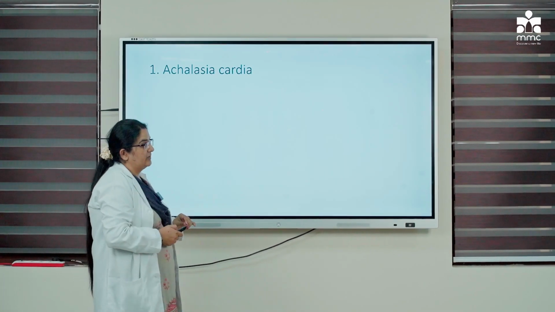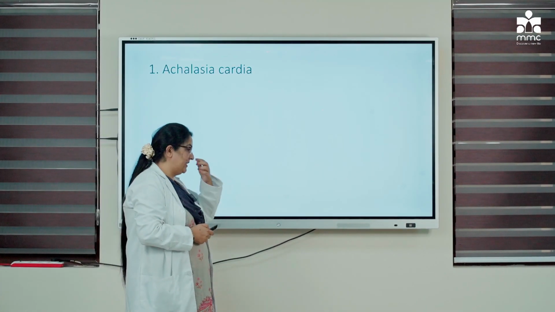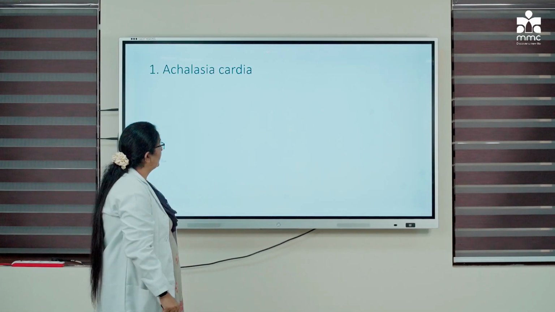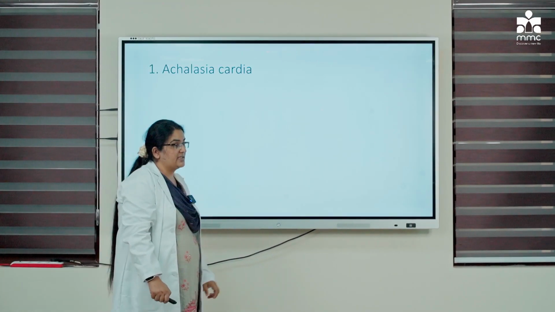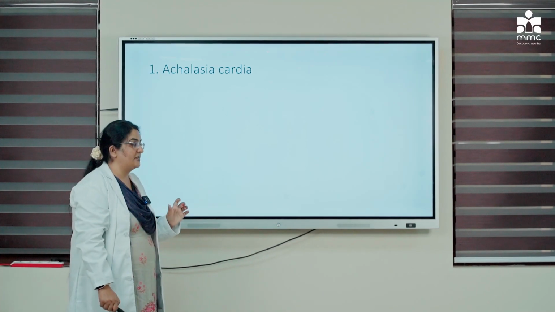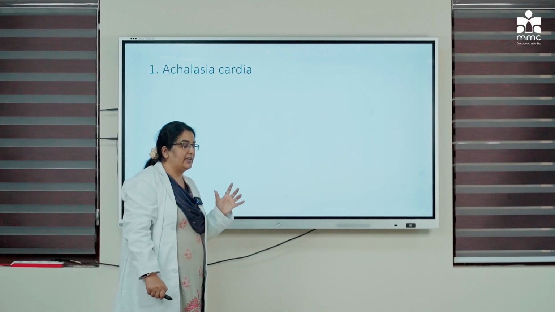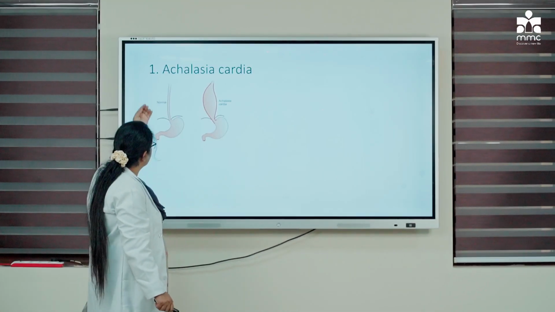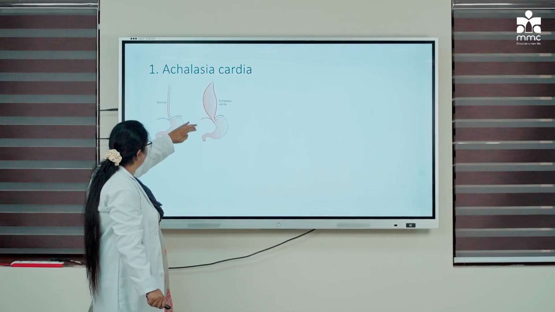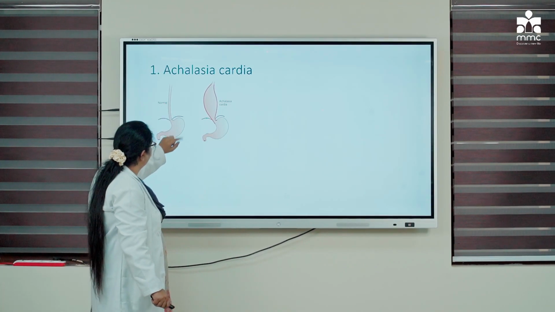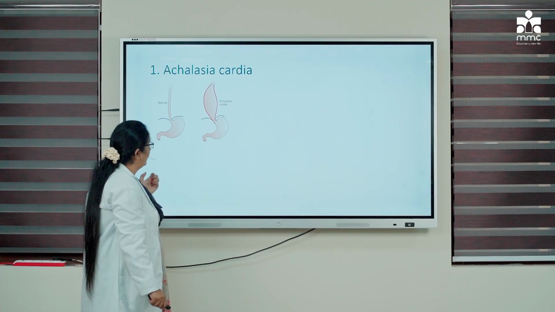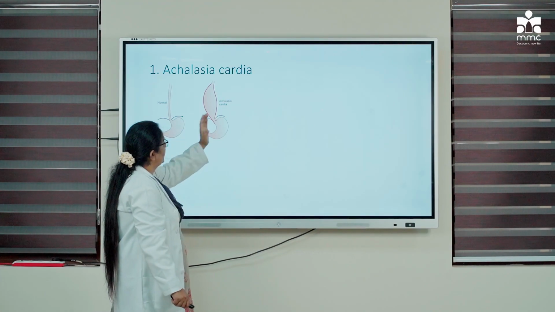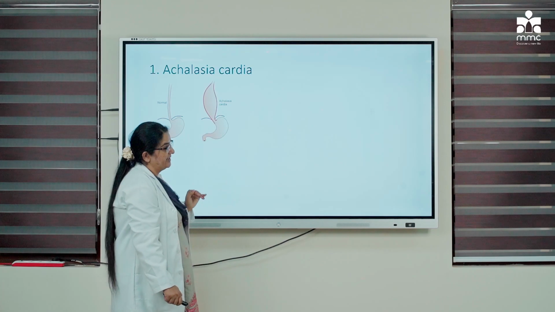Okay. Now come to the applied aspect of this. Here we are able to see one term which is called achalasia cardia. The word achalasia itself means difficult to relax. Normally, here is our esophagus, here is our diaphragm, and it is piercing and continuing with the upper end of the stomach, which is called the cardiac orifice. Now here is the condition which is called achalasia cardia.